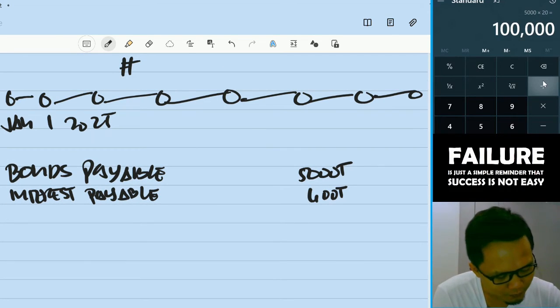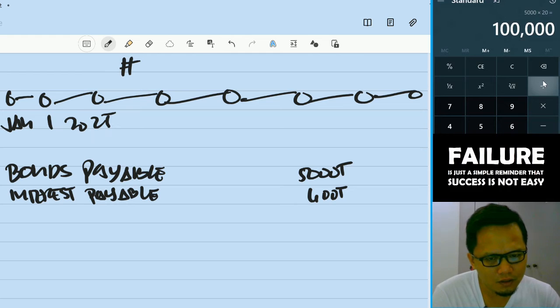Debit, because it is maturity date, we need to close the share premium conversion privilege, the equity portion allocated to the equity side on the date of issuance.